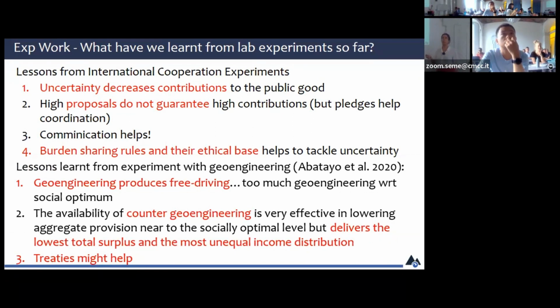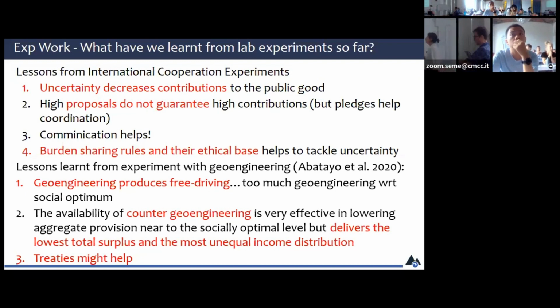There was a beautiful paper by Weitzman showing that there might be a problem with geoengineering, what's called the problem of excessive investment in geoengineering, or free riding. And in the lab, we find that if we have different optimal temperatures, and we are endowed with the possibility of doing geoengineering, we will bring down the temperature.